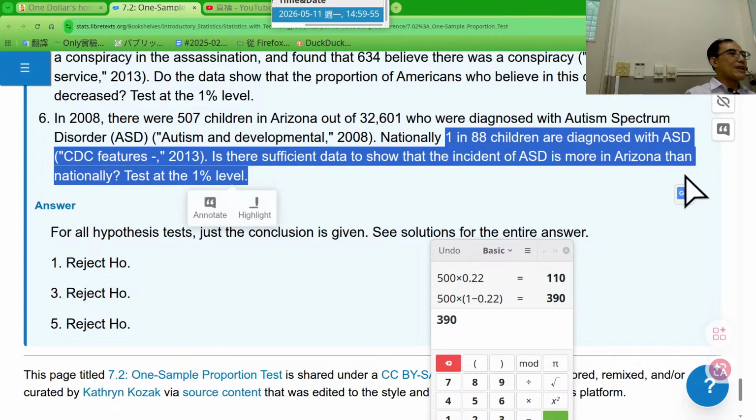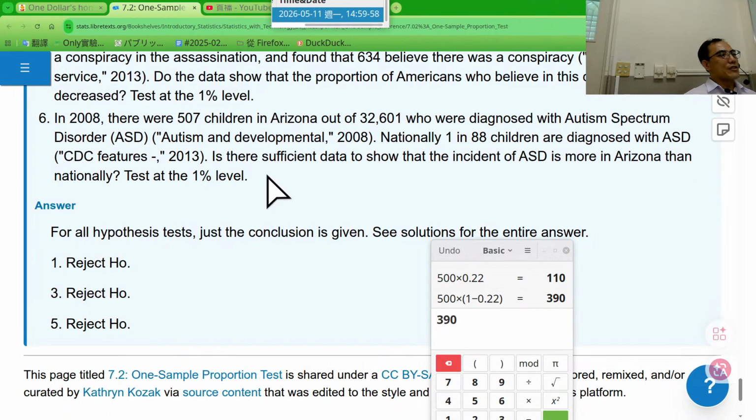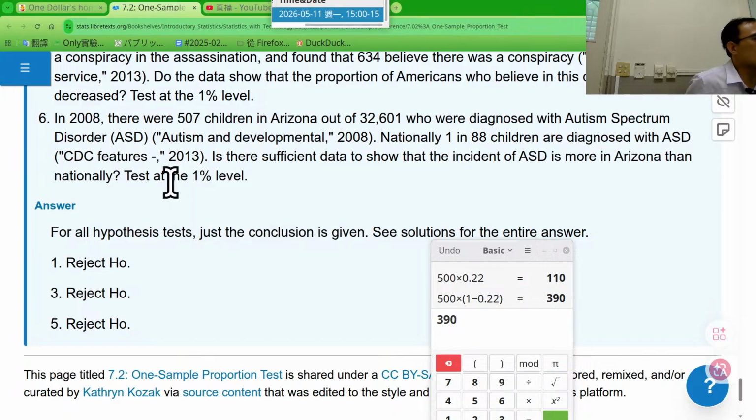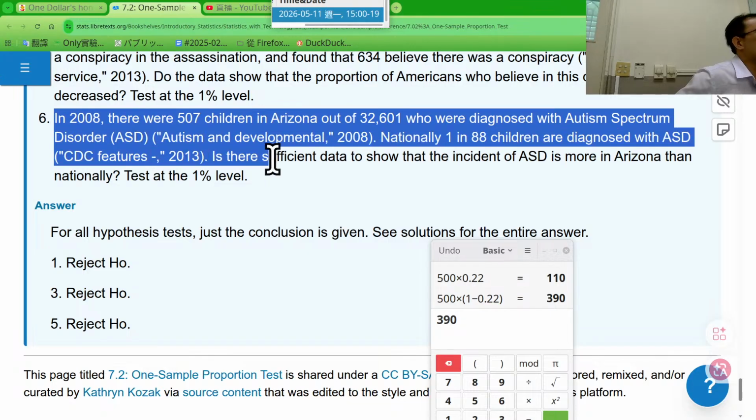Is there sufficient data to show that the incidence of ASD is higher in Arizona than nationally at the 1% level? Okay, how about we have a break and later we will come back to solve this problem.